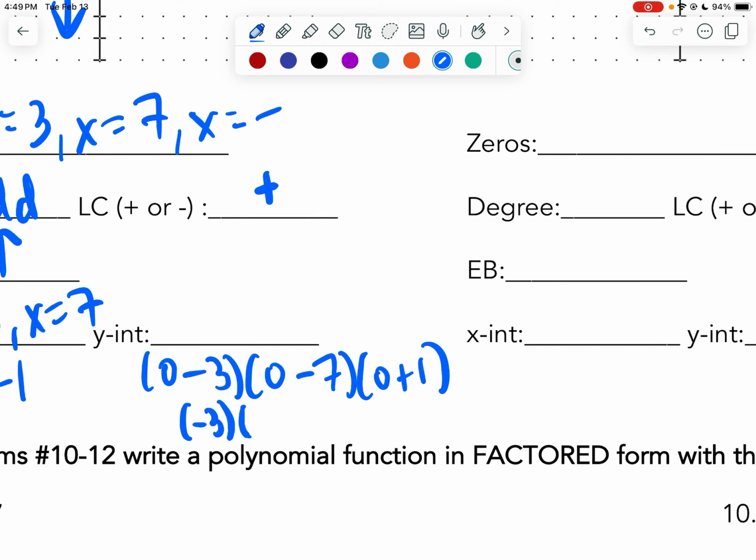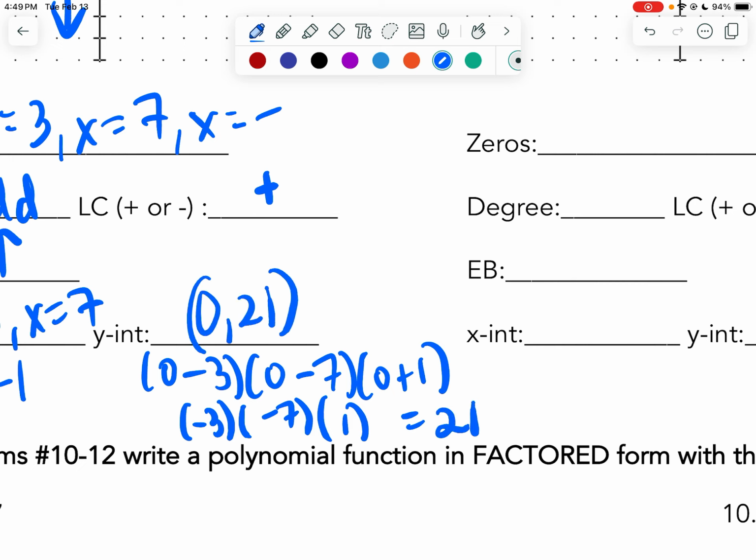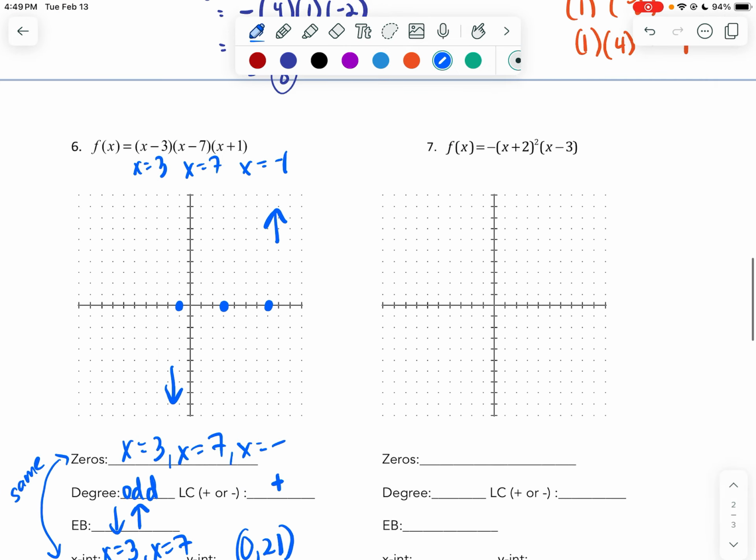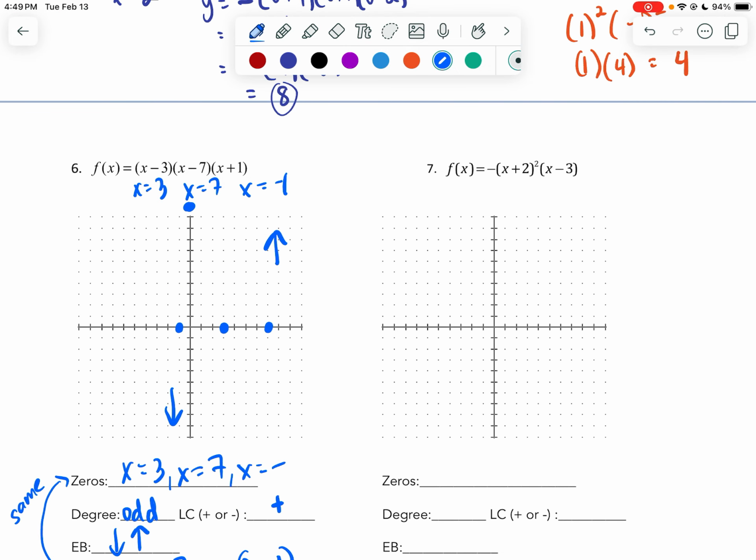So you got -3 times -7 times 1. -3 times -7 is +21 times 1. So yes, this is going to go off your graph. That's okay. So that'll be pretty much higher than that, but you get the idea. There's nothing that's squared. So it's going to go through all of these points, and your graph should look something like that.